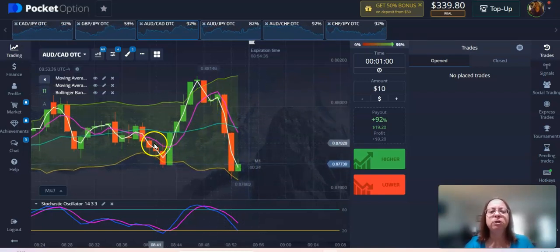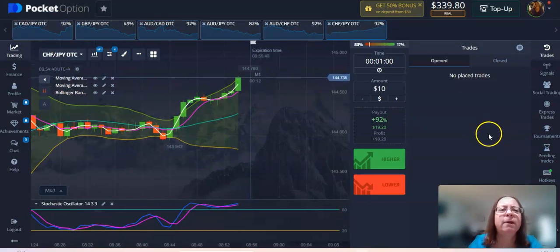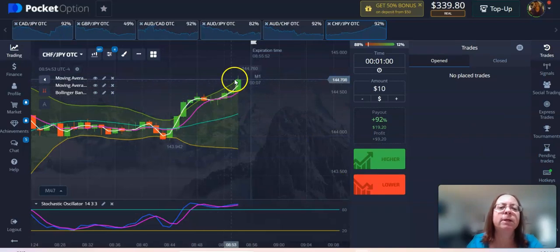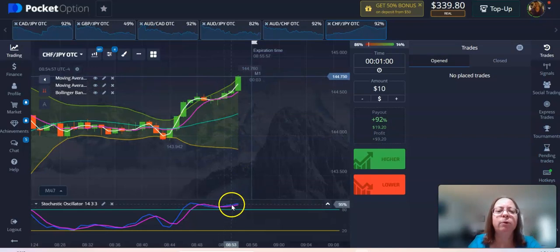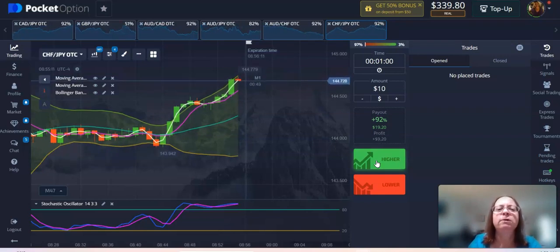So let's go into the charts a little bit more and see if we can find another good movement. So here you can see that this pair looks like it is in an uptrend right now, and it's breaking through the Bollinger Bands, and your blue of your stochastic oscillator is moving up. So we are looking into doing an up trade, a higher trade, and I'm going to let the candle build just a few seconds to see if it continues with that trend right there.